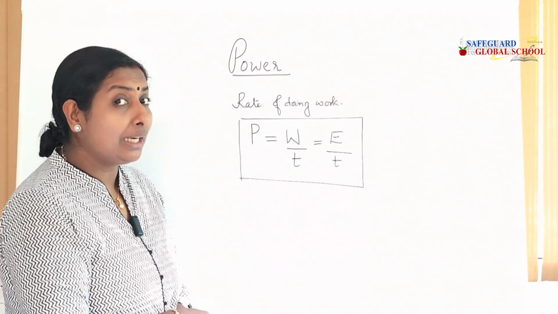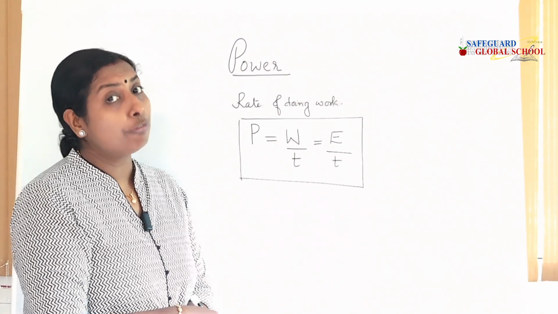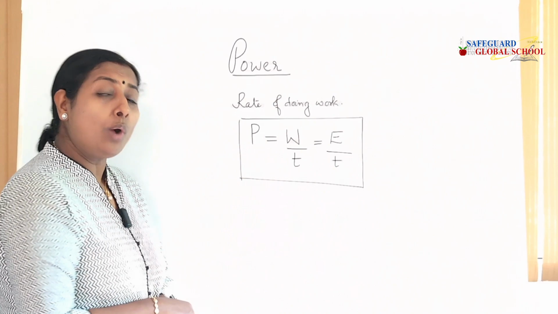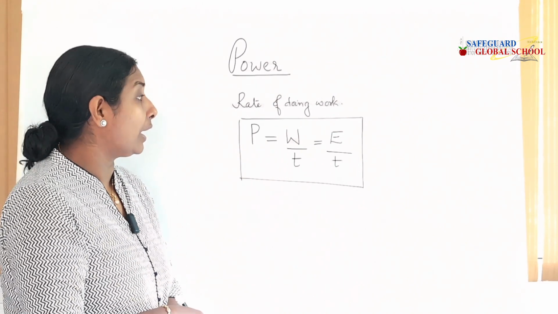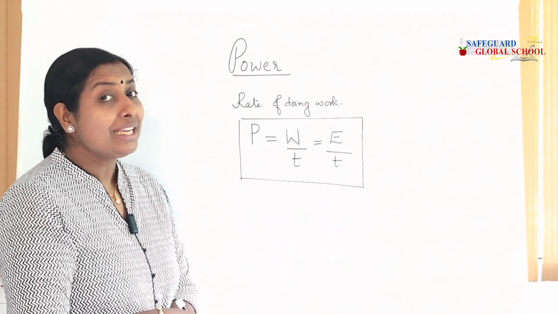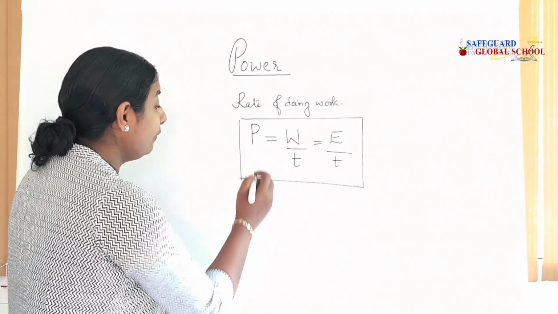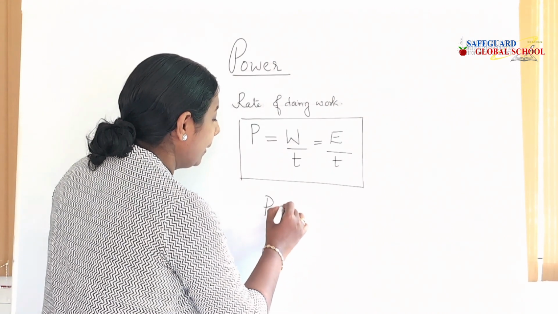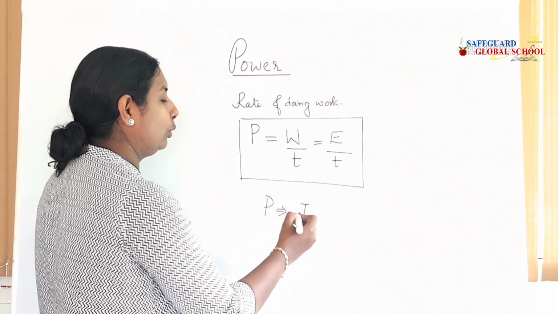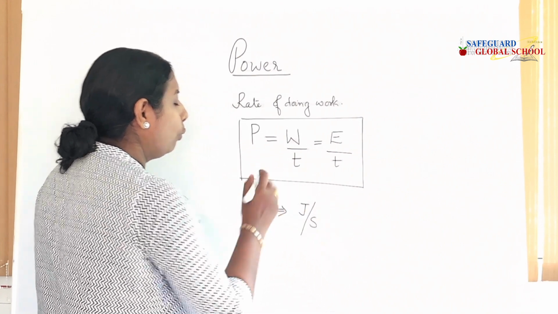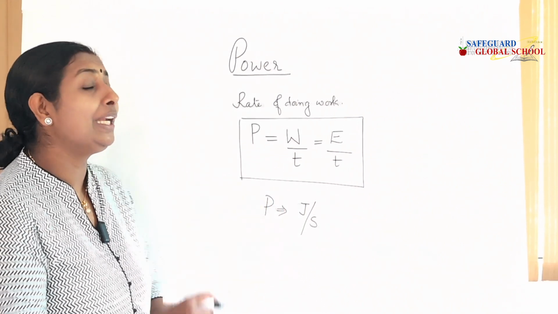Now we will study the unit of power. So tell me, what is the unit of work or energy? The unit of work or energy is joule. So when we write the unit of power, the unit of work or energy is joule and the SI unit of time is second. So what will be the unit corresponding to power?